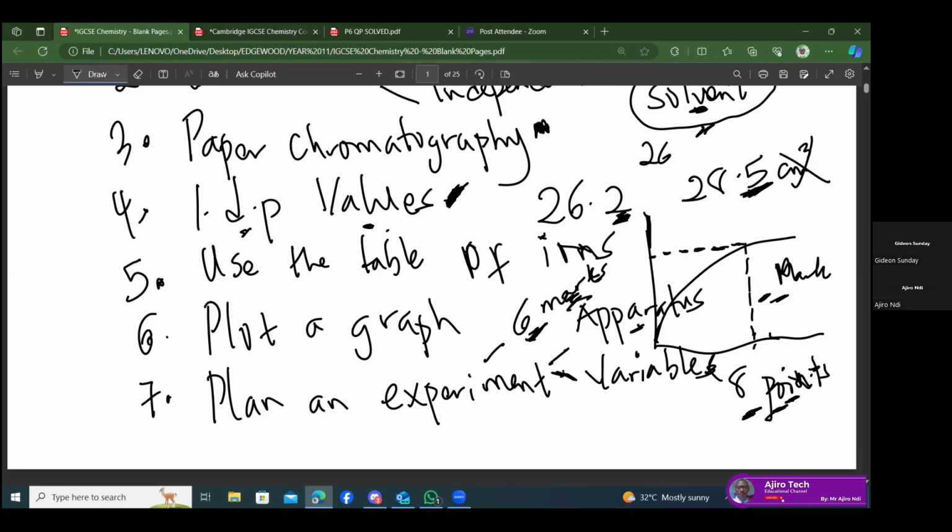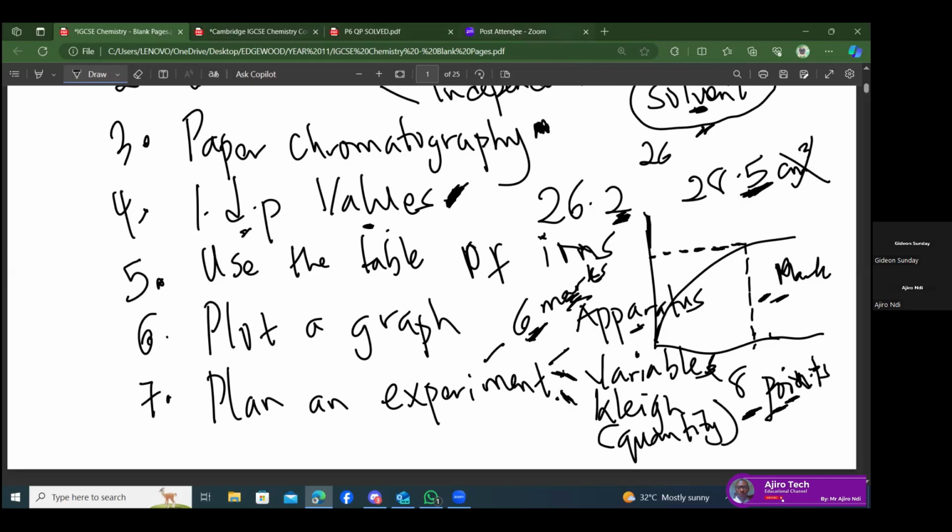You can also get marks for stating every step, in case you have to weigh something, you have to state it. If you have to weigh a certain value, the quantity you are weighing could also fetch you some marks. So these are just the principles that could help you to get the 40 marks in paper 6. So these are the tips.